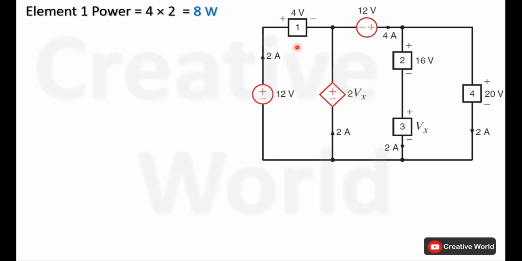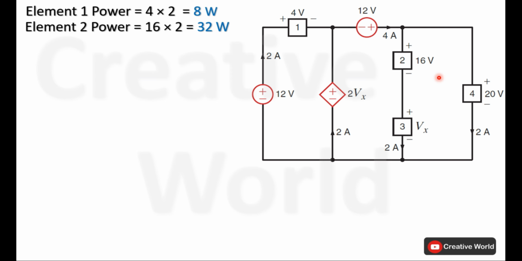The voltage across this element 1 is 4 volt and current through it is 2 ampere and this current is entering from positive terminal, so this current will be taken with positive sign. The power of element 1 will be 4 multiplied by 2, that is 8 watt, and because of this positive sign, this power is being absorbed by element 1.